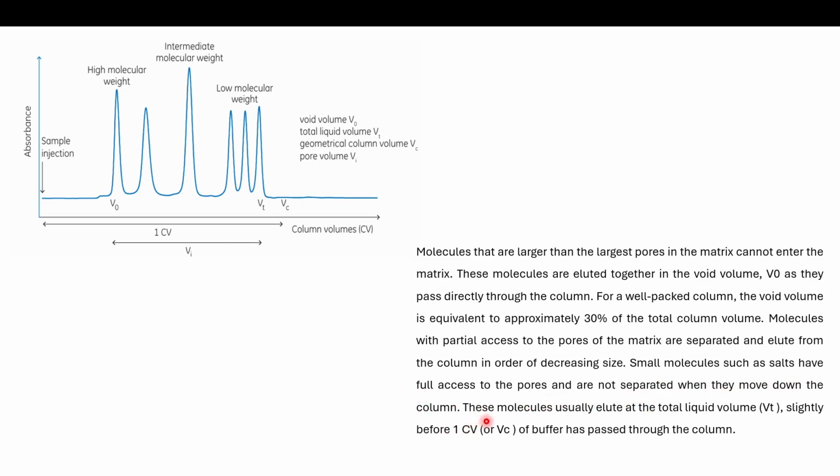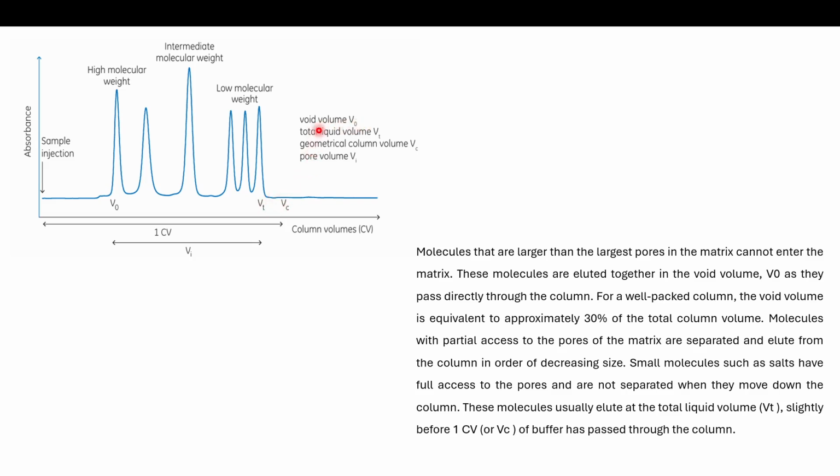These molecules usually elute at the total liquid volume, this is VT, slightly before 1 CV, the column volume of buffer, has passed through the column. This is what we looked at in the previous graph also. Salts are eluting out just before 1 CV.